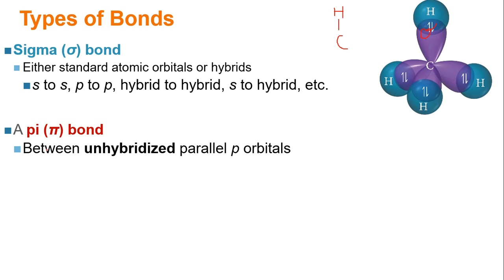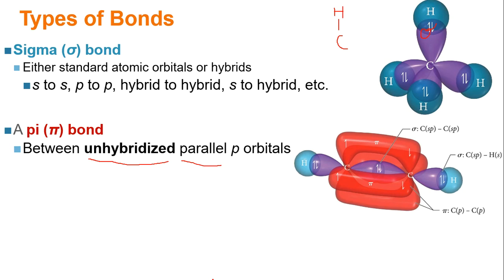The only way to make a pi bond is overlap between unhybridized parallel p orbitals. That is the only way to make a pi bond.